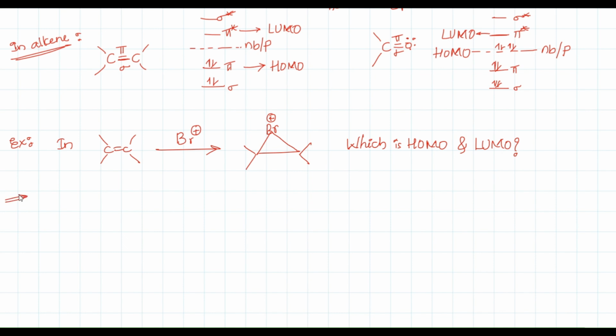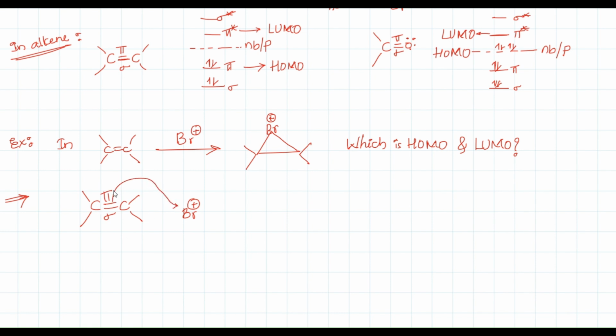So how do we determine this? In the alkene, one sigma bond and one pi bond are there, right? Br is there as Br plus, so it has a vacant p orbital. Which one is HOMO then?